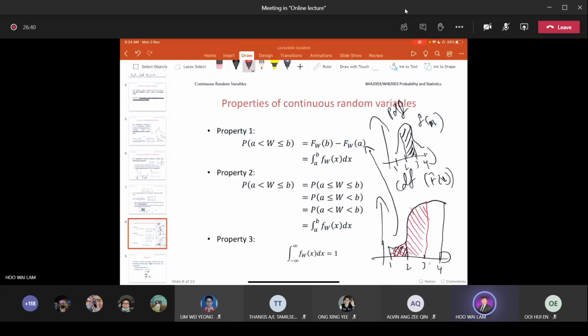This red part refers to B, the upper limit. So when you are calculating the upper limit of your cumulative distribution function, you get all of this, as well as this one, and you get just a small part of this. So at the end of the day, you will be able to get this part, and this part will resemble this part.